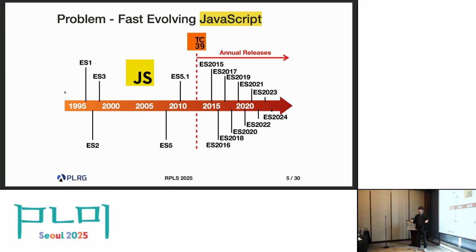Many research tools suffer from this problem. Many research tools only support the ES5.1 version, because they cannot follow the annual cadence of updates.